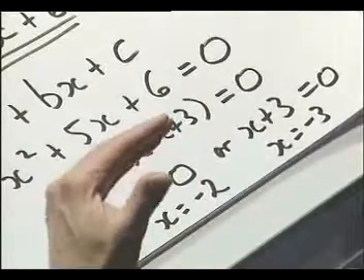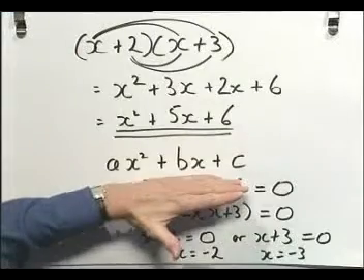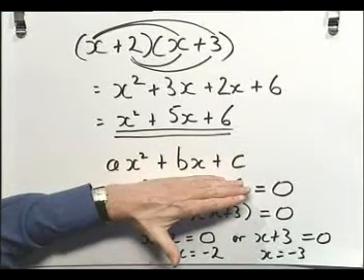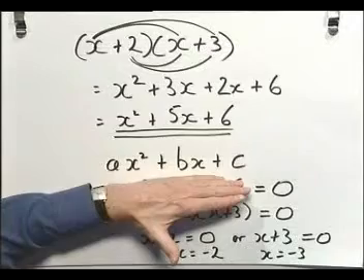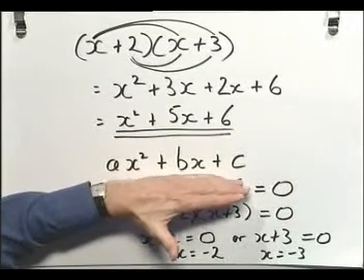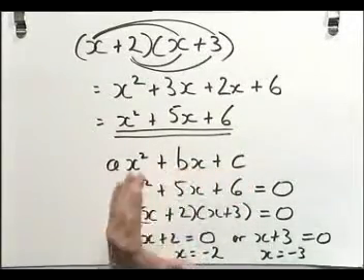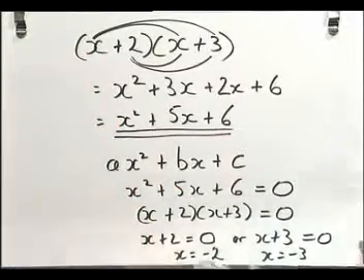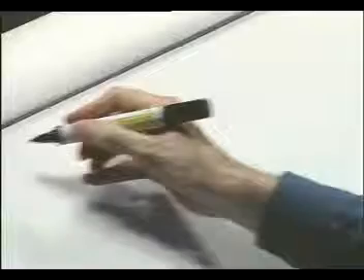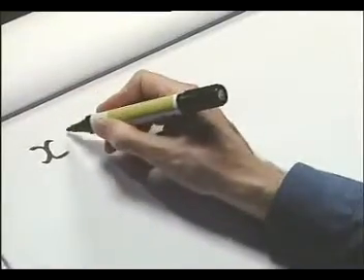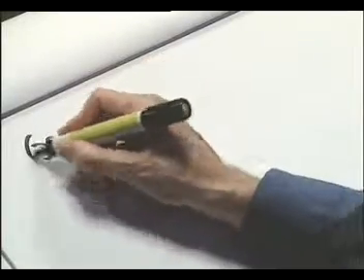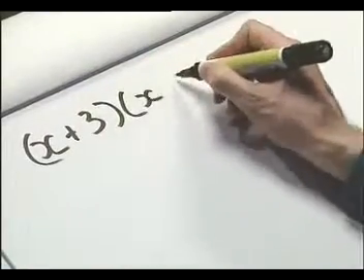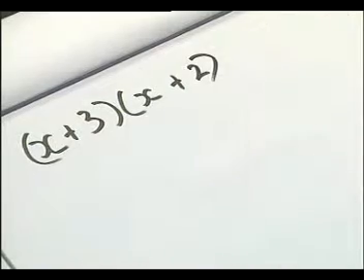So we're going to be having a look in this video at how you factorise this kind of function, this kind of expression, a quadratic expression. Now, I'm going to start by going back to this little piece of work again. So let's write it down. X plus 3 times by x plus 2.